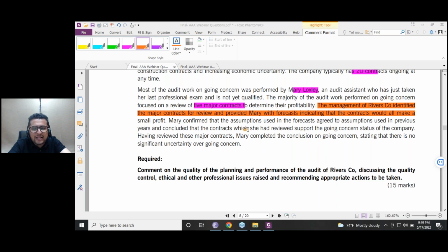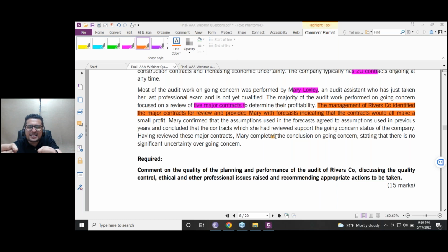Okay, Mary confirmed that the assumptions used in the forecast agreed to assumptions used in the previous years and concluded that the contracts which she had reviewed support the going concern status of the company. Is there any mistake again? You cannot rely on last year's assumptions.